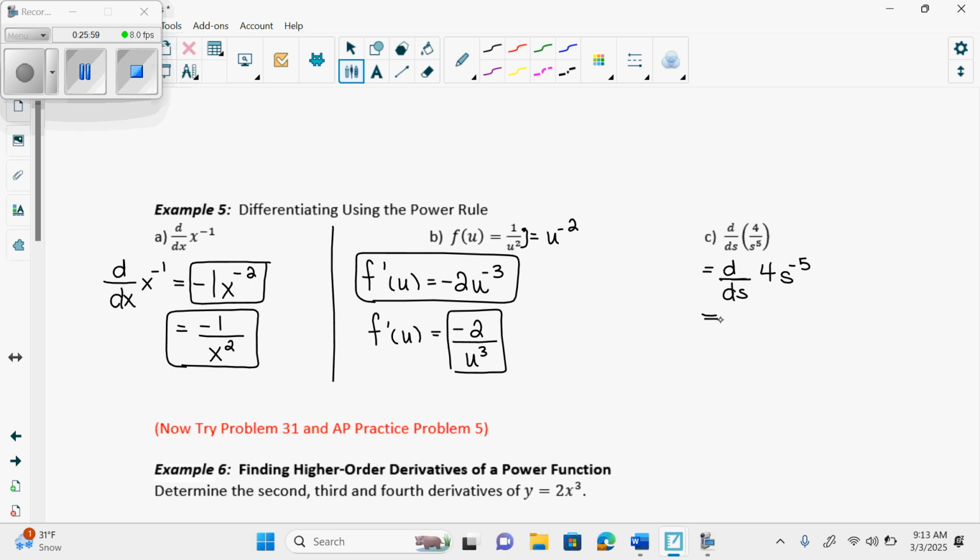So I just write the derivative. The negative 5 drops in front and joins the 4, I get negative 20 s to the negative 6 is a good answer, or negative 20 over s to the 6.